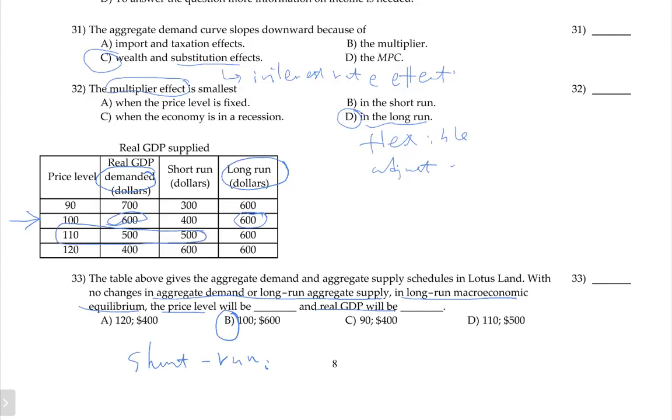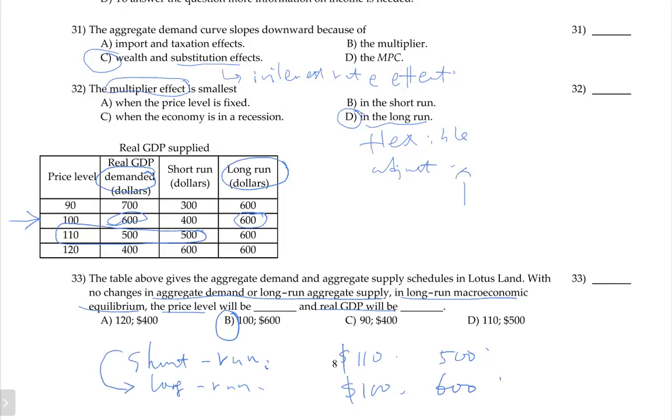In the short run, equilibrium will be 110, this is the price, quantity will be 500. But in the long run, the price will be 100, right? And so quantity will be 600. Okay? So make sure you understand how the economy is going to adjust from short run to long run.